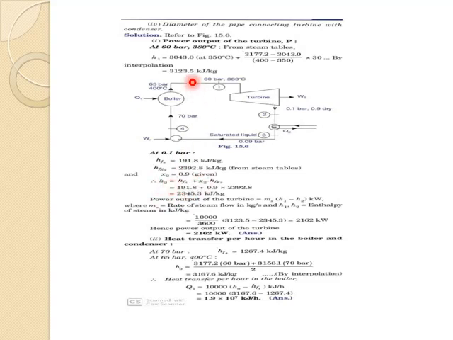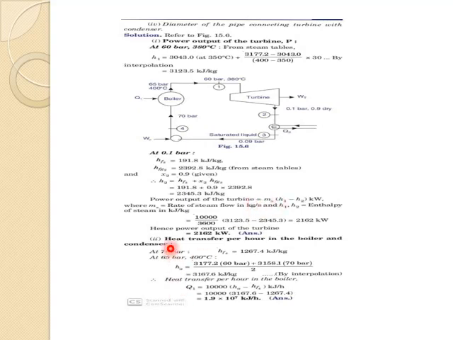Remember, at point 1 the steam is superheated, and at point 2 the steam is wet steam. That is the reason why I have used the term dryness fraction here. So by finding H1 and H2 at points 1 and 2 using the steam table, I can easily calculate the power output of the turbine using this formula.